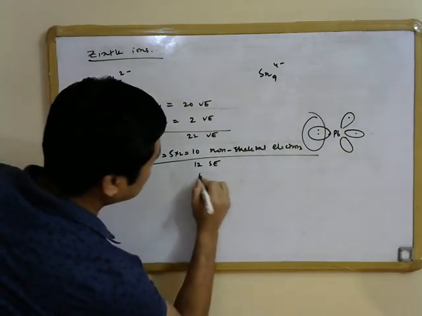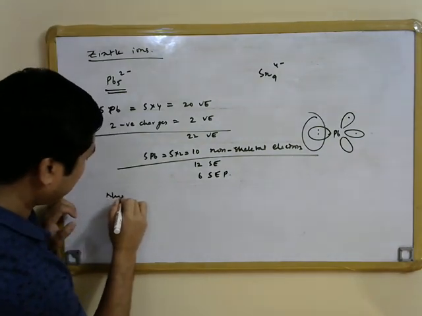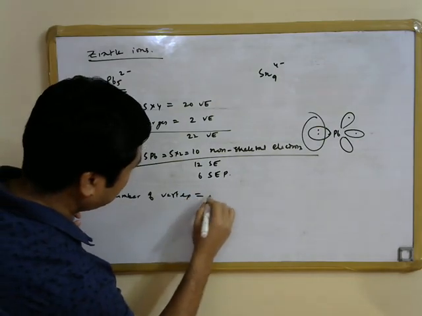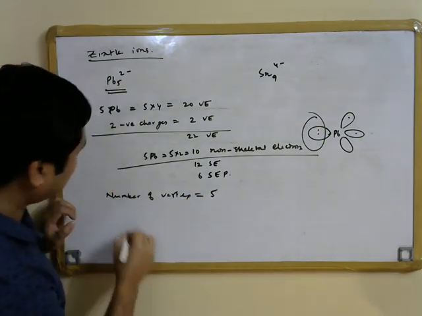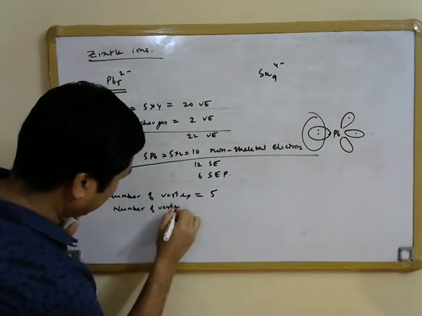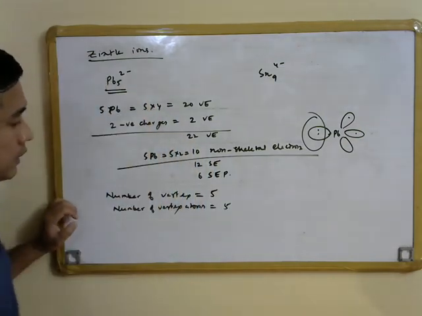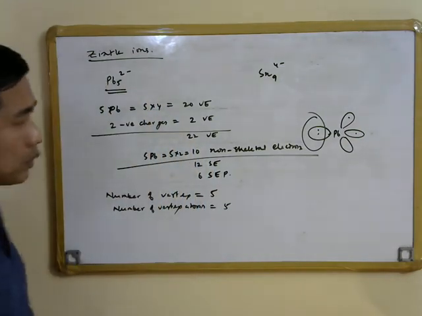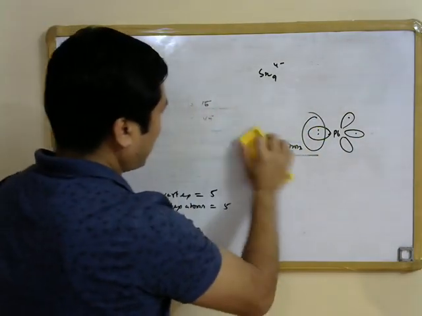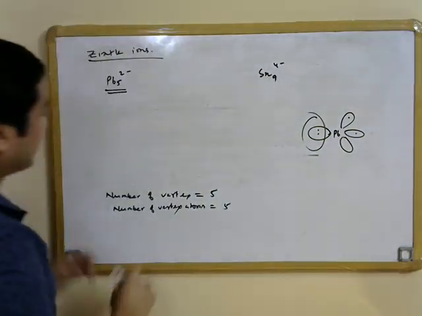That gives us 6 skeletal electron pairs, and the number of vertices is equal to 5 here, and the number of vertex atoms again is equal to 5. There are 5 lead centers here. So this is going to be a closo structure, and the structure of this Zintl ion we can now draw is going to be trigonal bipyramidal.